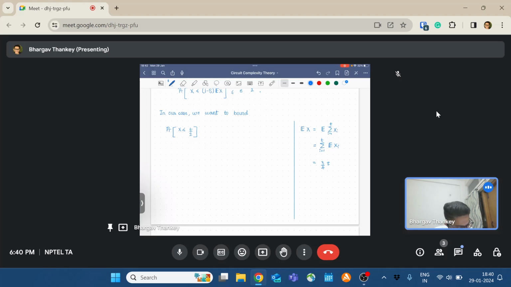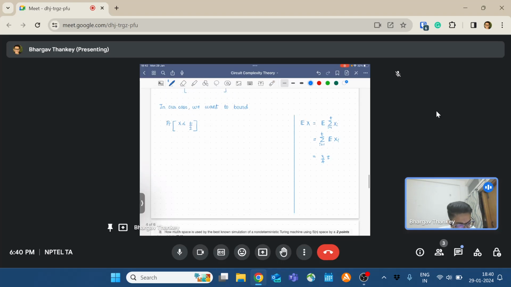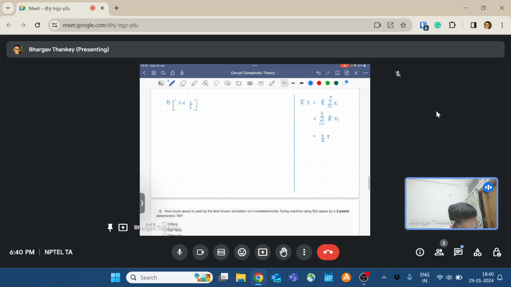So now I know what the expected value of x is, and over here I have 1 minus delta times the expected value of x, right? So I want to find what delta is. I want t over 2 to be of this form, right? Yes. So t over 2 is 1 minus delta times 3 over 4 times t.